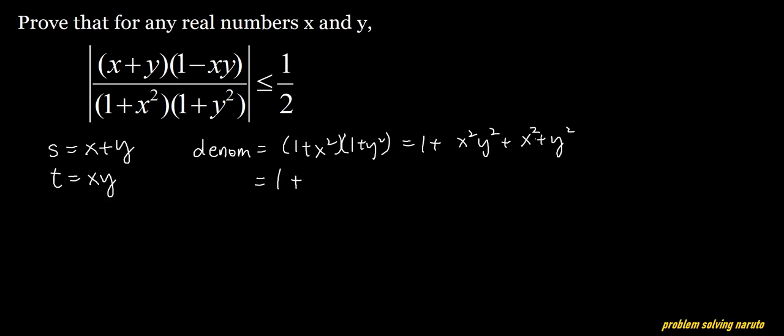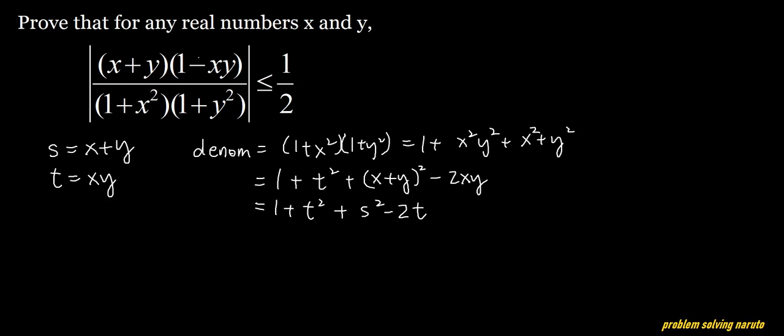So you can express that in terms of s and t, and here is how. x squared plus y squared is just x plus y squared minus 2xy, right? And so that is my s squared, minus 2t. So this is expressible in terms of s and t.